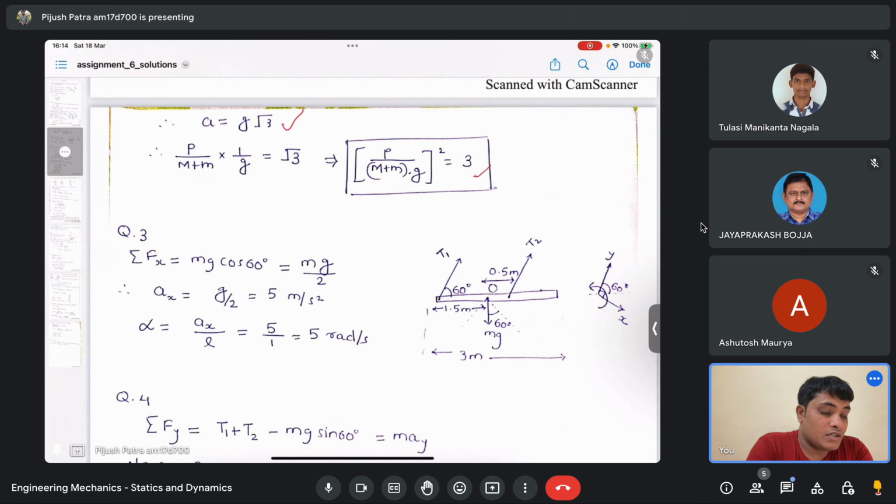Check how we do the coordinate system. The x axis is at an angle of 30 degree with the horizontal.